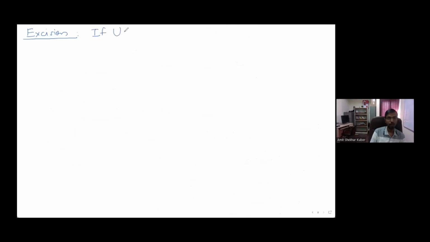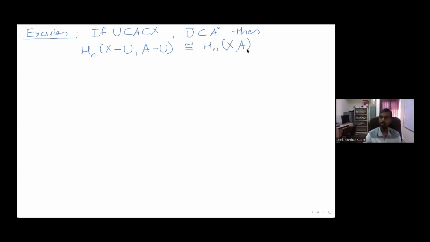So if U is a subset of A, subset of X, and the closure of U is contained inside the interior of A, then we can do something good: Hn of the relative pair X minus U comma A minus U has the same homology as that of the pair X, A. Which means that if you have this as U, this is A and this is X, then you can excise U out of both of them, and the relative homology will not change.